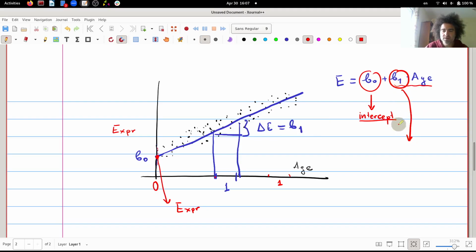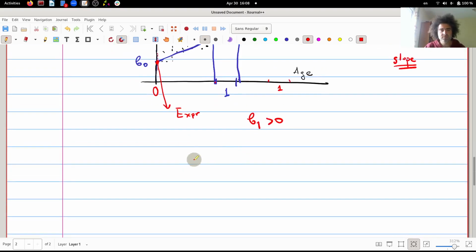So this quantity here, beta 1, is called slope, and it is the amount by which the expression level changes when the age changes by 1 unit. Now if beta 1 is positive, then this function looks like that. If beta 1 is negative, as you can imagine, the data probably will look like that.